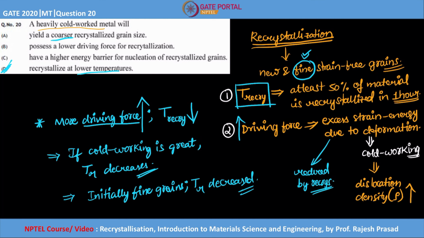If the driving force is high, the energy barrier is less, and that is why the process takes place easily. So option D is the correct answer: a heavily cold worked material will recrystallize at a lower temperature. I hope you are clear with the concept.